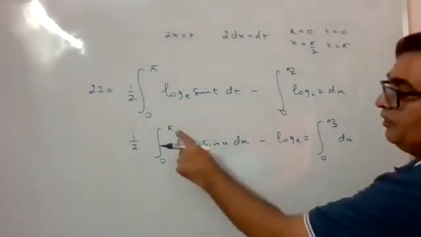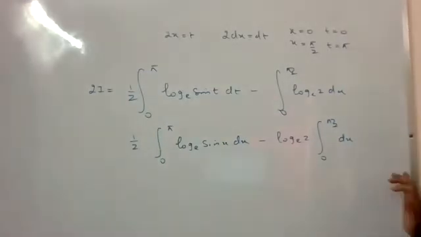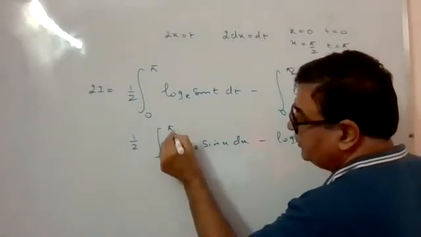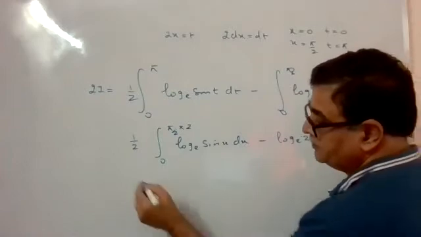Now, if this limit becomes pi by 2, then it will convert into I. So how do we do it? Just check here. In this case, if I take pi by 2, I can write pi by 2 into 2 times. That is the two-way form.